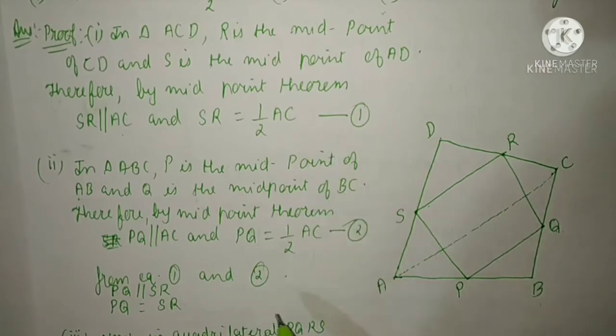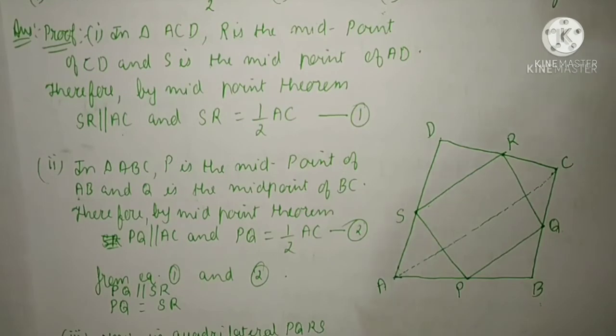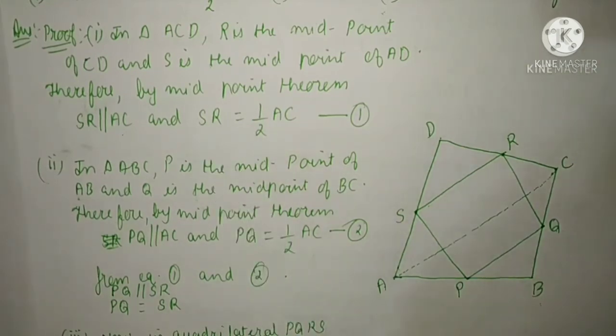In both the equations right hand side is same, so their LHS will also be same. So from equation number 1 and 2 we can also say that this PQ is equals to this SR. So here we will write PQ is equals to SR. So this is what we have to prove in part 2.